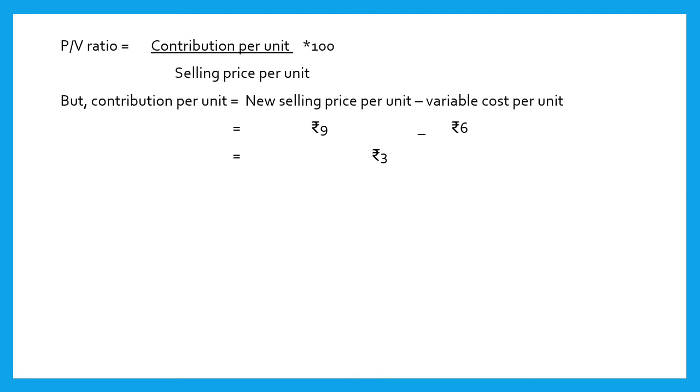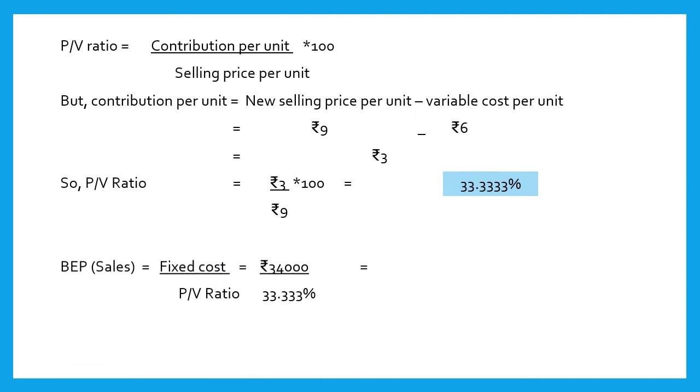In this way, we get our new contribution of rupees 3 per unit. Now we put these figures into our formula. So PV ratio is equal to rupees 3 upon rupees 9 into 100, and that's why it comes as 33.3333%.